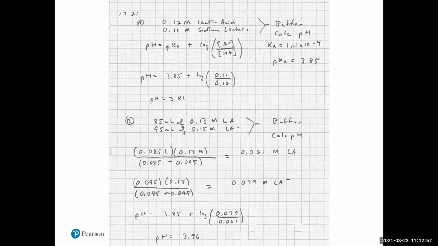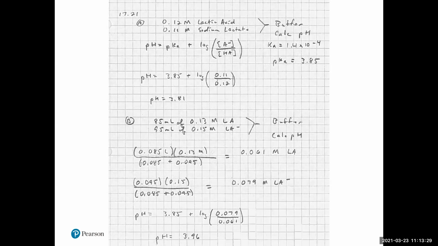In the numerator is the sodium lactate concentration, which is 0.11 molar. We fill that into our ratio, take the log of that, and add it to 3.85, which was our pKa value, and we get a value of 3.81. So calculating the pH of that buffer solution is pretty straightforward if we remember to use the Henderson-Hasselbalch formula.